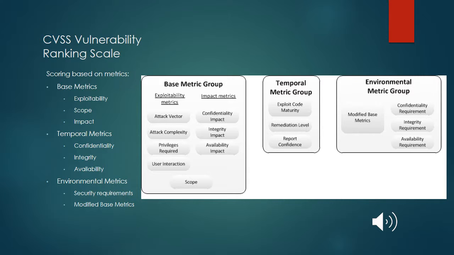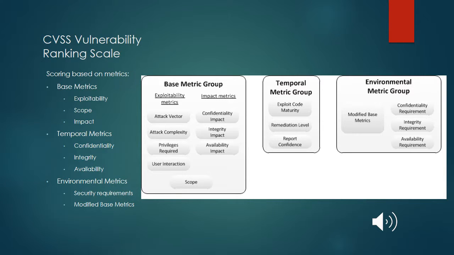And within the base metric group, there's also a scope that describes the depth to which the vulnerability is able to affect systems. This typically explains how a vulnerability is able to break out of its sandbox and influence systems that it should not be able to access.